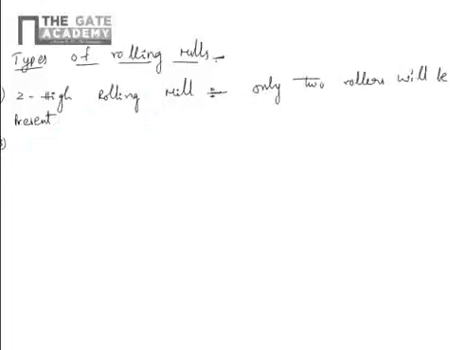The next one is the three high rolling mill. To increase the reduction, when there is less space, we go for the three high rolling mill.